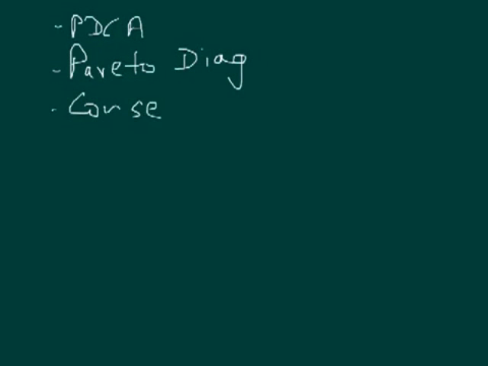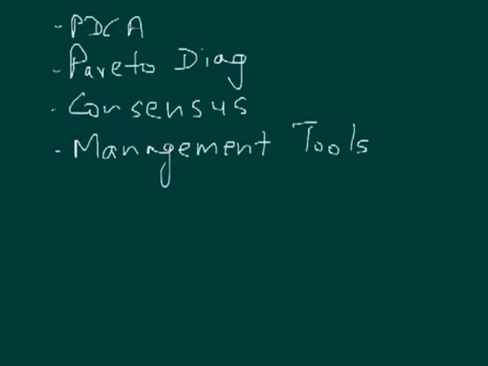And then you do the plan, do, check, act. You implement that. You can do Pareto diagrams. You can use the consensus to reach a decision, and then you can use some other management tools that you may have. So these are the things that you can do to identify a business or a customer problem.